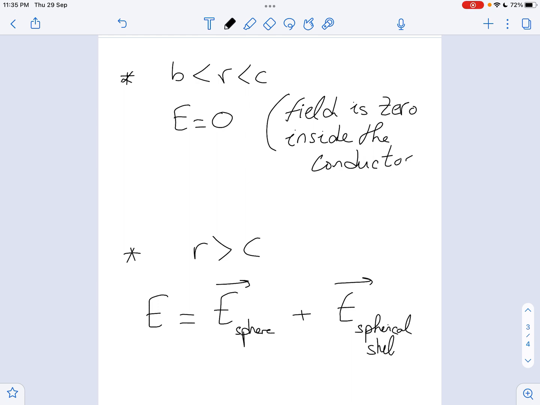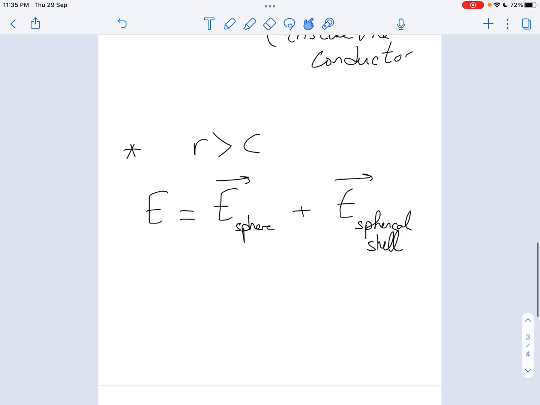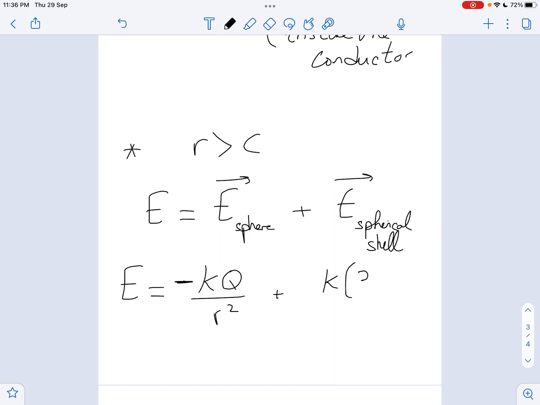The electric field of the sphere is K Q over r squared, but it is inward because the sphere is negatively charged, so I put a minus. The electric field of the spherical shell is K multiplied by its charge, positive 3Q, divided by r squared. Positive because a positive charge means outward.